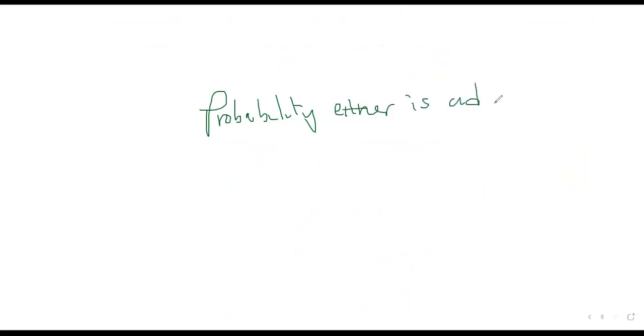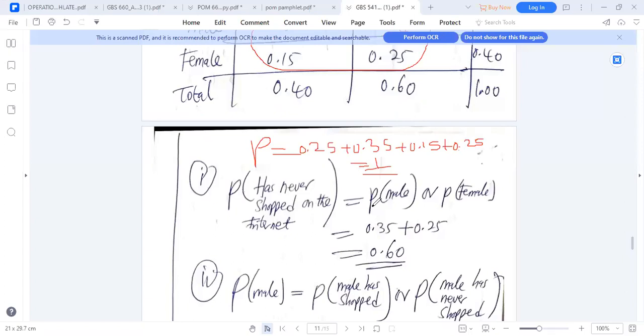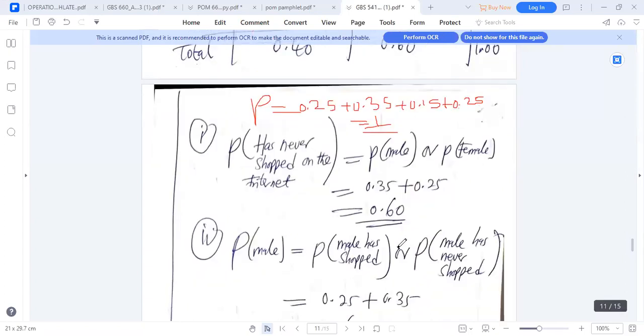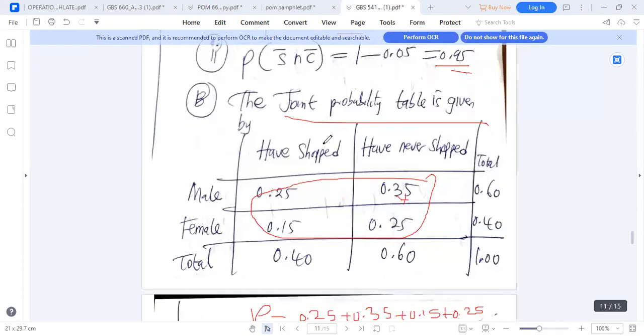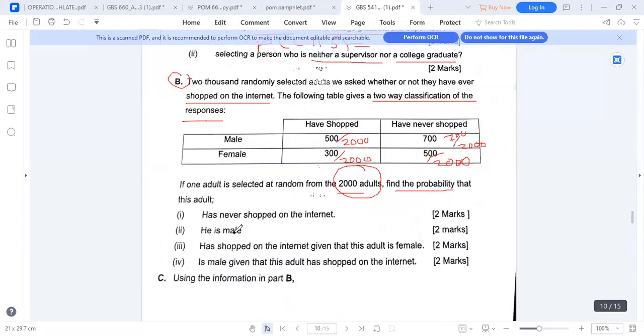Okay, so this is what we are simply saying. Now, when we get down to this one, we are saying the probability that he has never shopped is 0.6. The probability that he is male simply means he is male, whether he has shopped or not shopped.